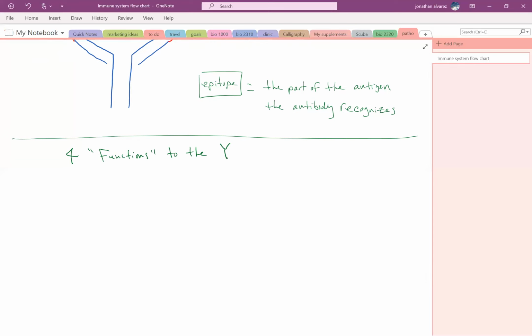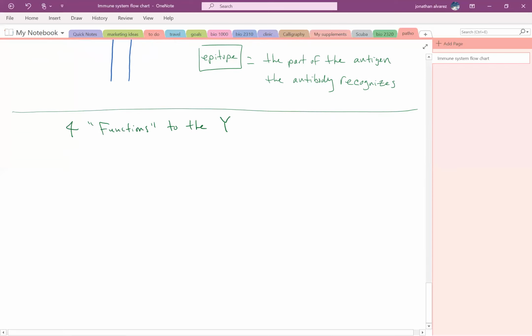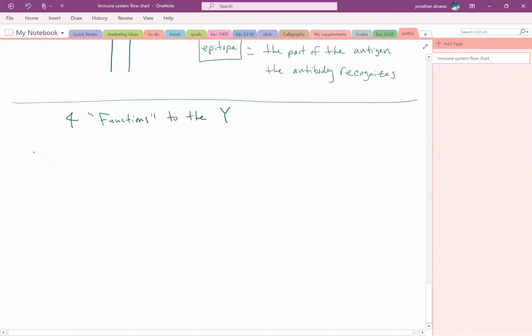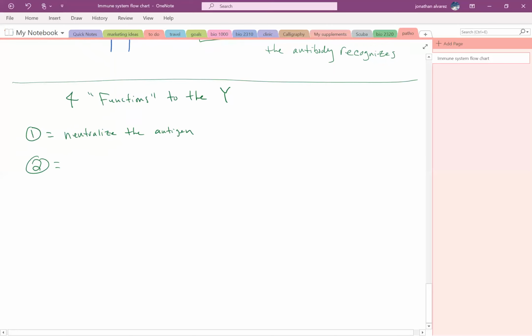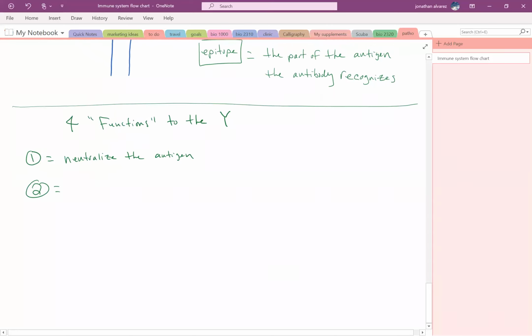In other words, how they work. So in step one, their job is to neutralize the antigen or antigens.